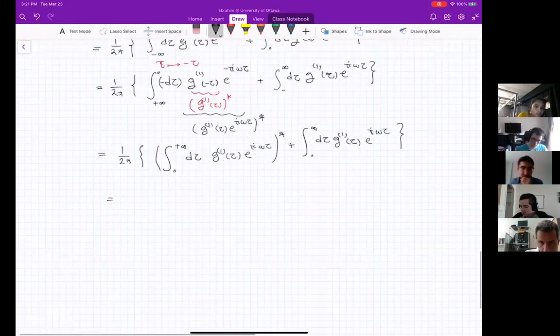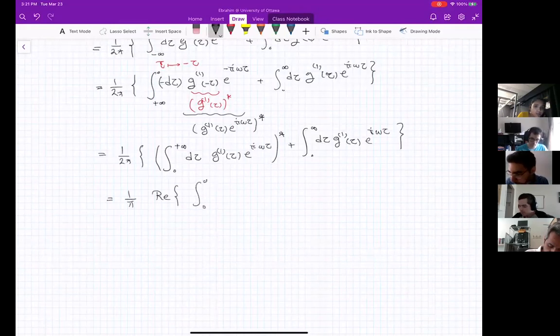And that is z plus z star, which is 2 real part of z, which simplifies with 1 divided by 2 pi, and that is the real part of integral of 0 to infinity of d tau G1 of tau e power of i omega tau.